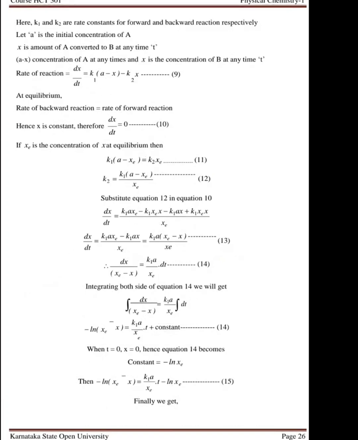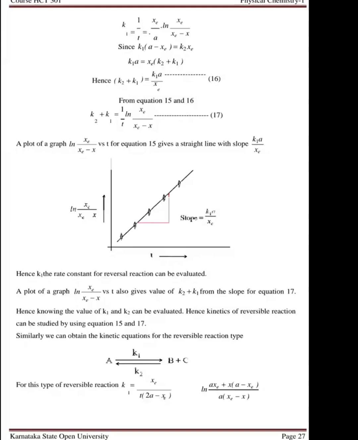So finally, from this integration, we get K1 equals 1 by t, xe divided by a, ln of xe by (xe minus x).